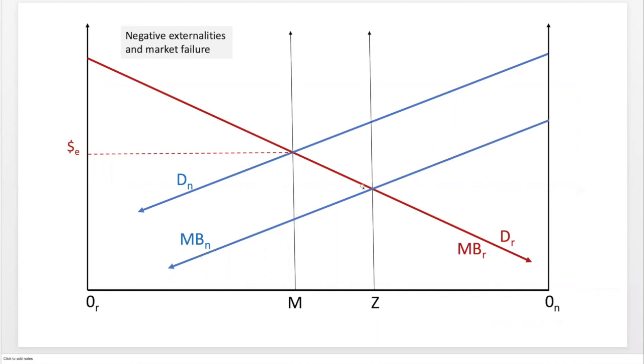And so if we're thinking of marginal benefits in terms of societal benefits, there may be a wedge or a gap between the market demand curve and the true underlying marginal benefits to society. And the same goes for market supply curves and marginal costs.